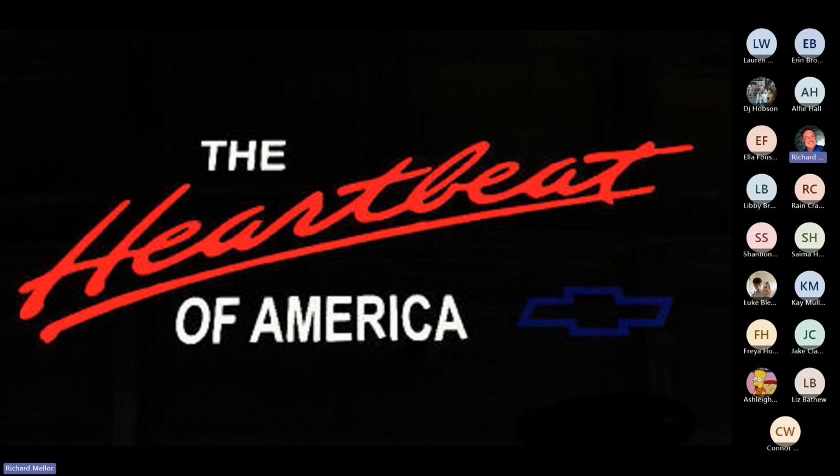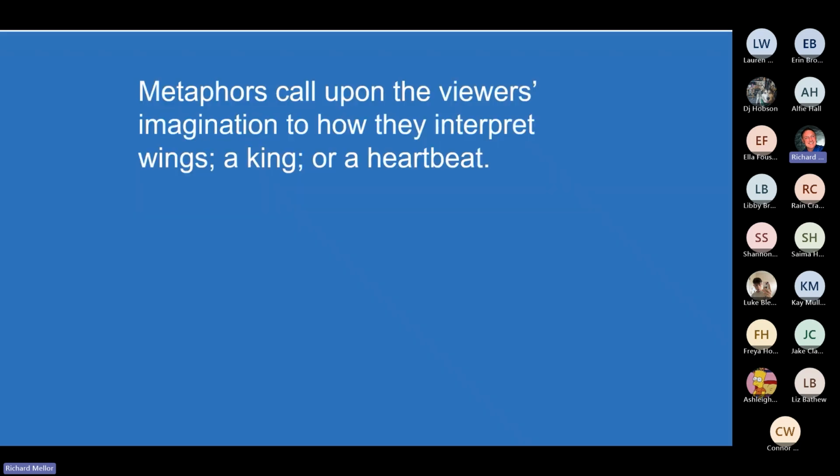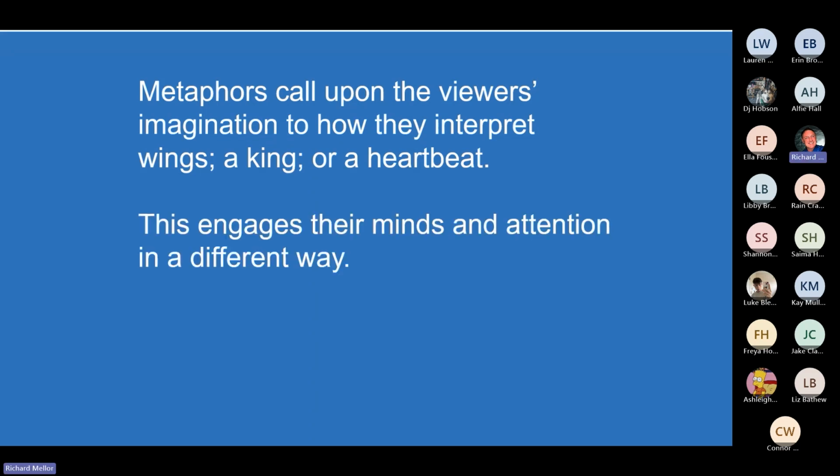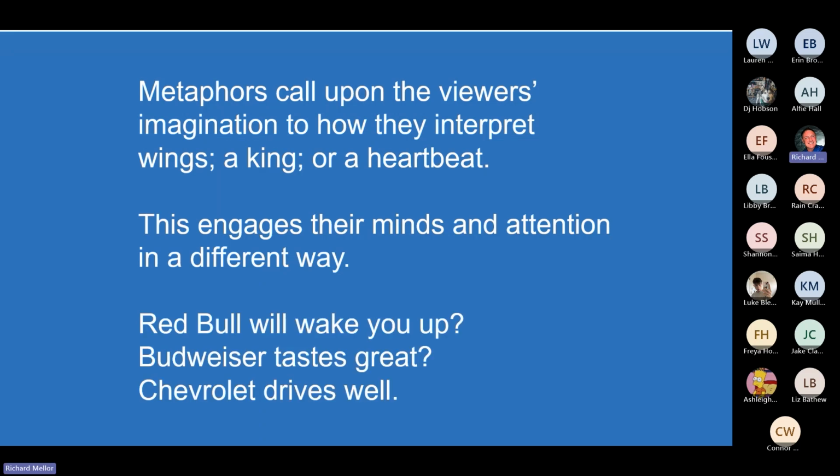And the same can be said for a car company claiming to be the heartbeat of America, as in this Chevrolet campaign. So metaphors call upon the viewer's imagination to interpret wings, a king, or a heartbeat. This engages their minds and attention in a different way. And the secret is to understand how to use metaphors in a powerful way.